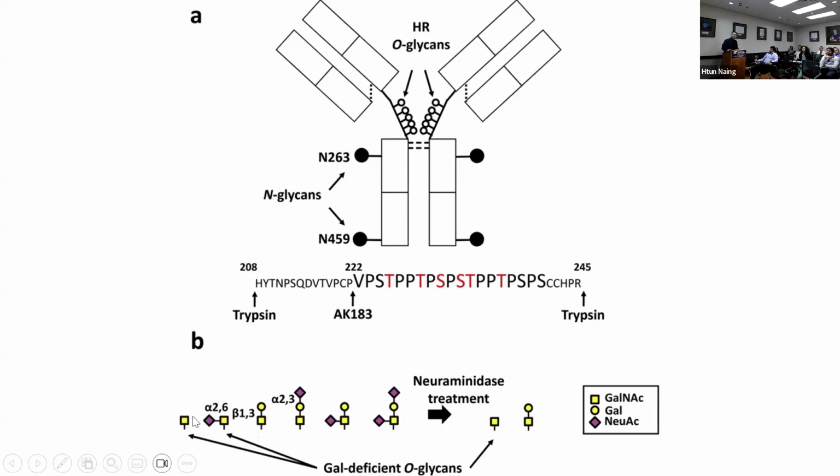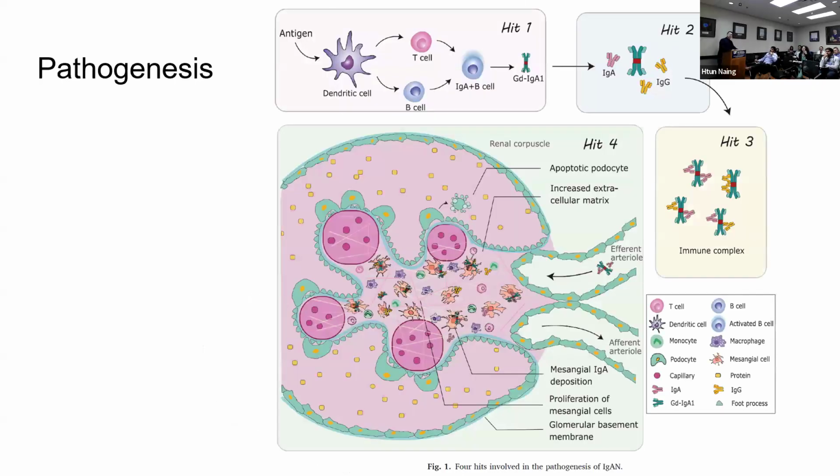This GalNAc without galactose, this open end, is very antigenic, and it's going to create the autoantibody for the IgA, and it's going to create the binding site for immunoglobulin IgG. So that's the very beginning of the pathogenesis.